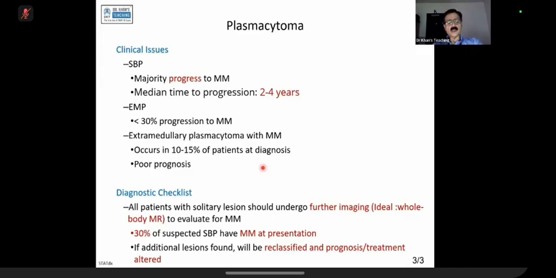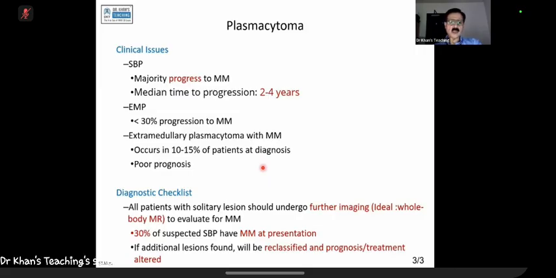The key practical point is that the diagnosis of plasmacytoma is based on histology or biopsy. But if radiologically you are calling it a plasmacytoma, in the same breath you should ask for more imaging so that you can rule out a multiple myeloma.